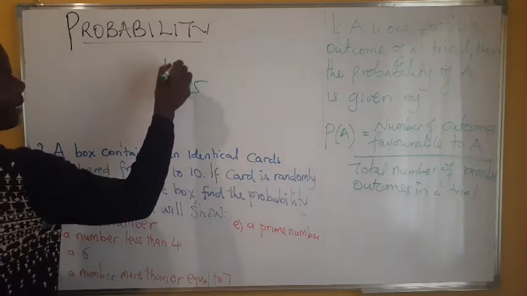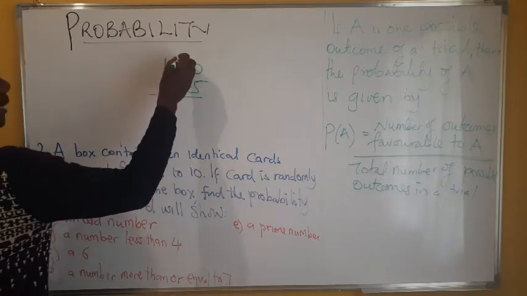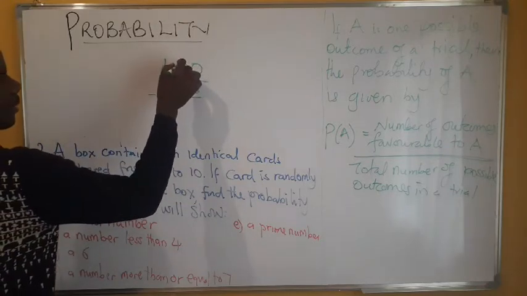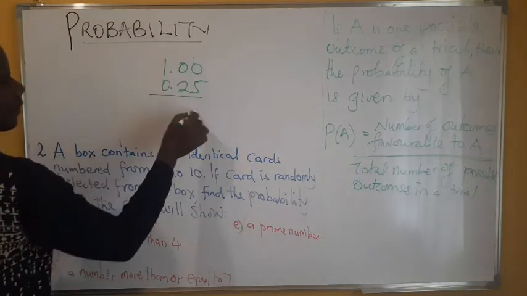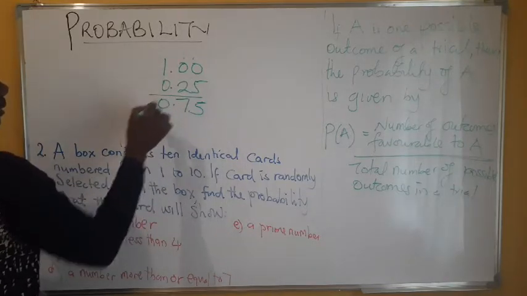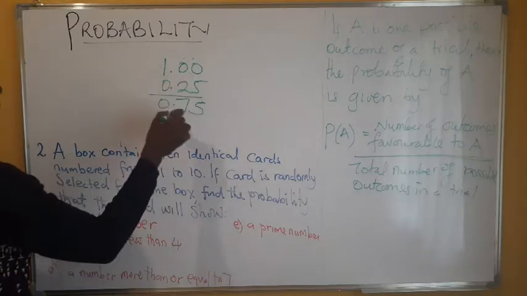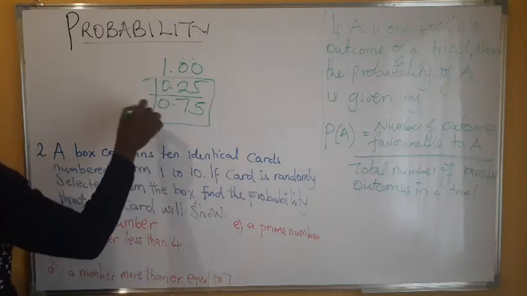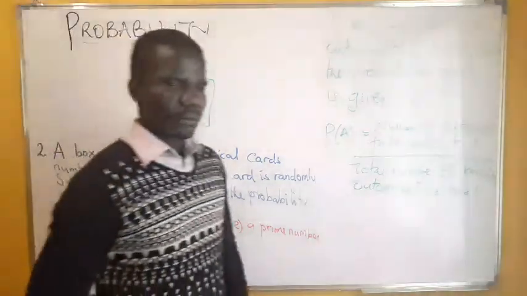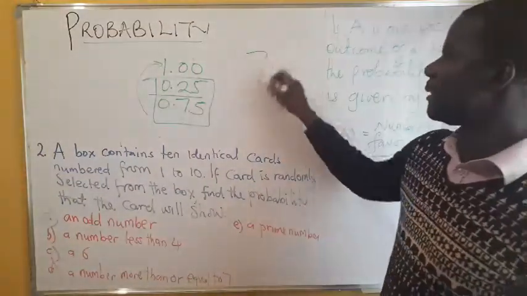So how do we subtract? 1 becomes 10, you remain with 9, and 10 minus 0.25 gives 0.75. That's the way it's going to be. When you add these two probabilities, they take you back to 1.